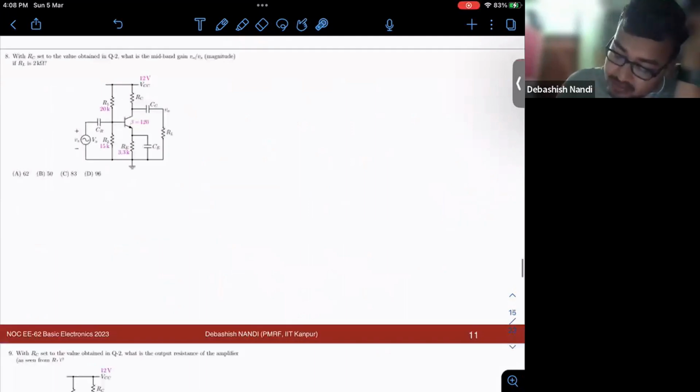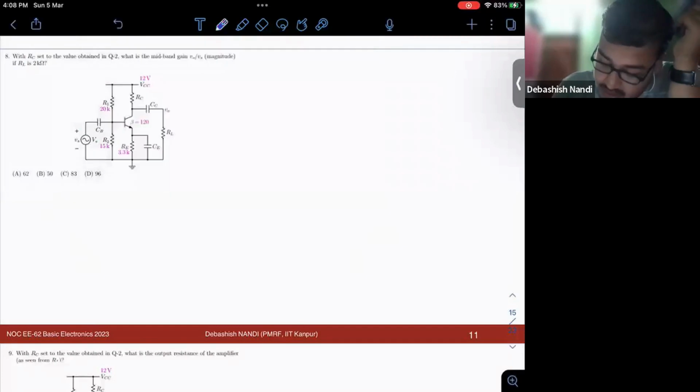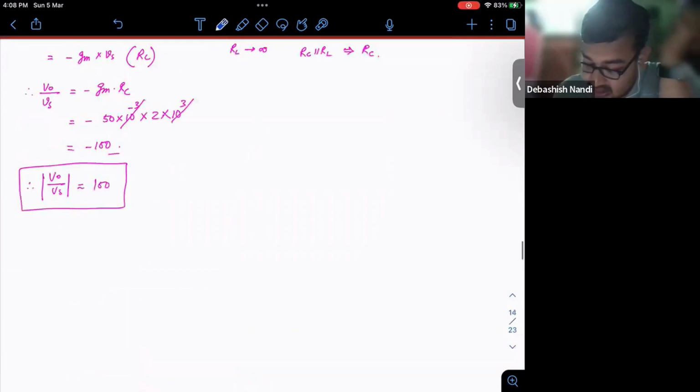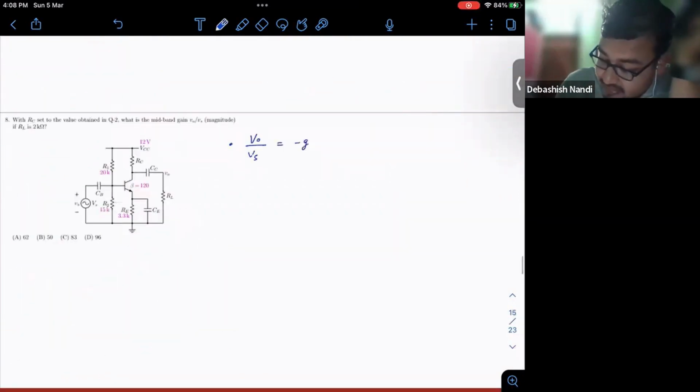Okay, let's move on to the next problem. This is with RC set to the value obtained in Q2. What is the mid-band gain if RL is 2K? I think this is pretty simple. We have already found the expression: minus Gm into RC parallel RL.